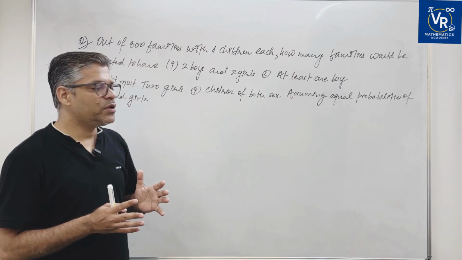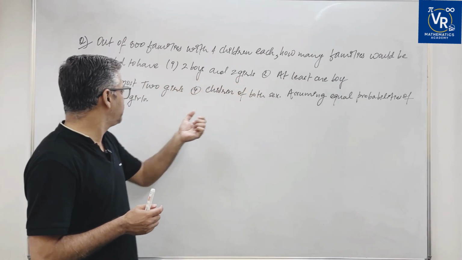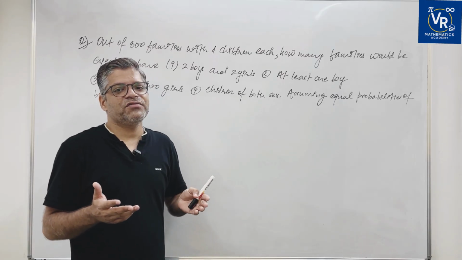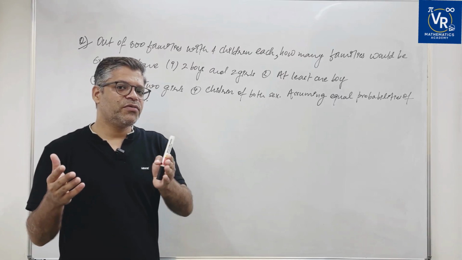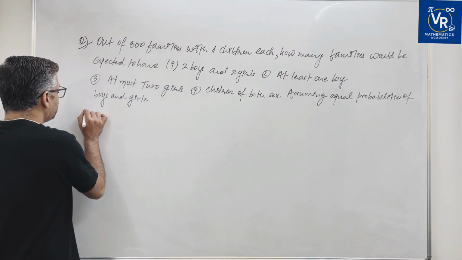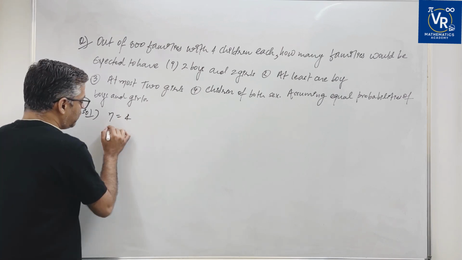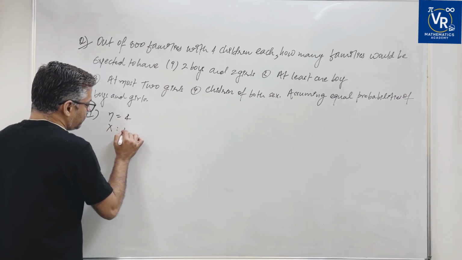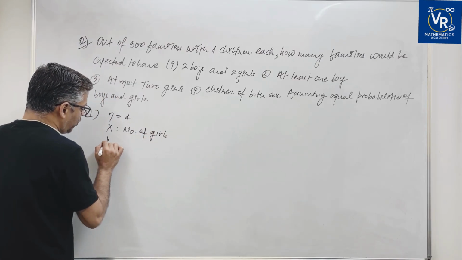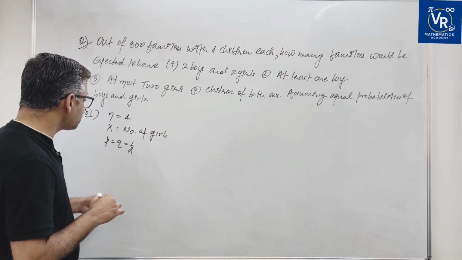Now the random variable. You can see that we have to find the probability of 2 boys and 2 girls, at least 1 boy, at most 2 girls, and children of both sex. So either we can assume that x denotes the number of boys, or we can assume that x denotes the number of girls. So here n is given as 4, and let x denote the number of girls, and the probability of girl and boy will be equal to 1 by 2.